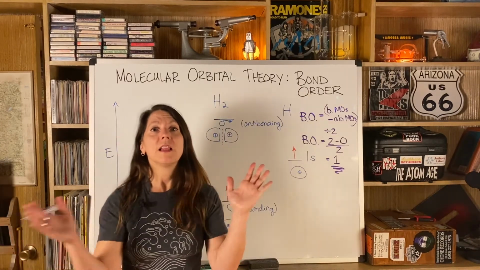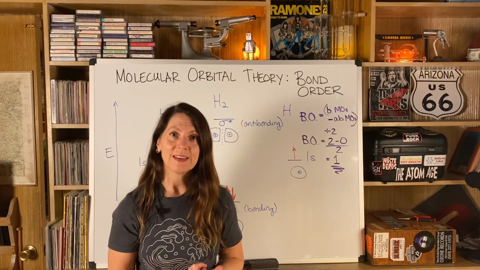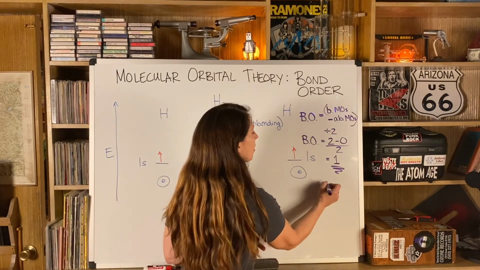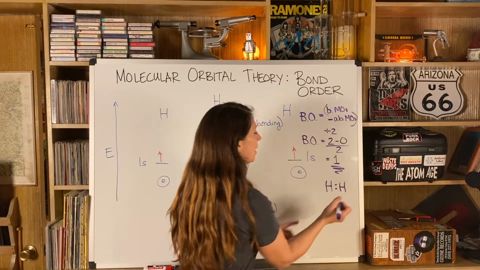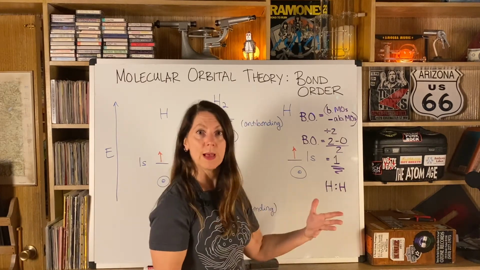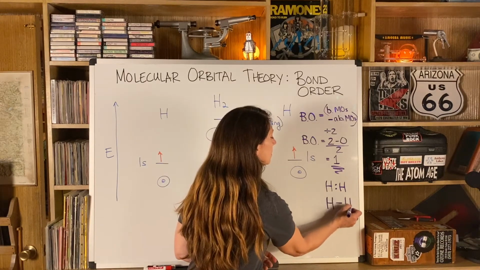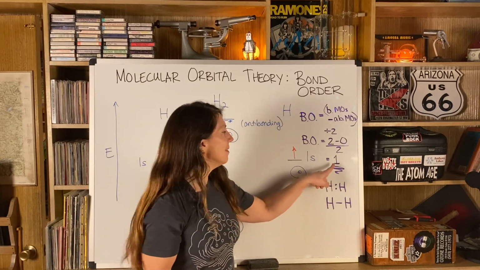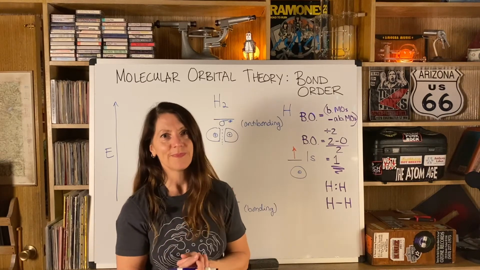Lovely, because that is consistent with what we would predict if we were to just draw a Lewis structure. A Lewis dot structure of hydrogen would just be a pair of electrons between them. You could also draw it this way, which shows a single bond. Single bond, bond order of 1, consistent with each other.